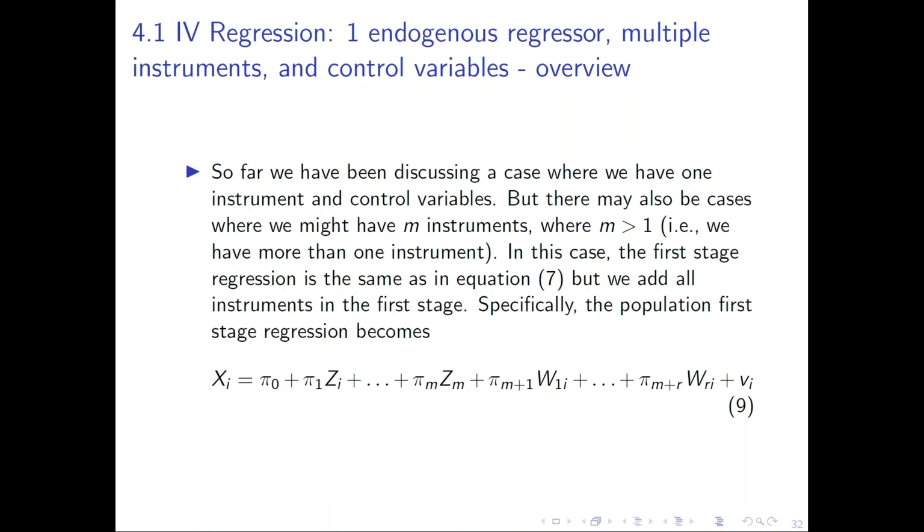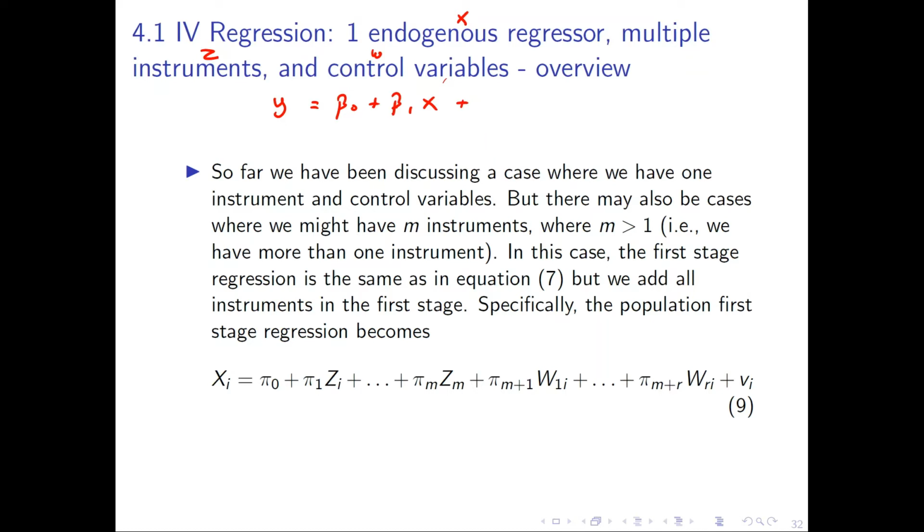Until now, we have only used one instrumental variable, but you can use several instrumental variables. So for example, if your regression equation is as such, plus x, which is endogenous, and the instrumental variables are z, and the control variables are w, or exogenous variables, they are also w.